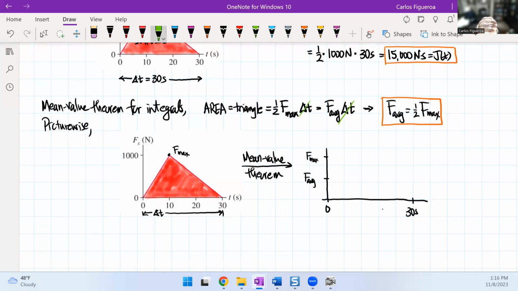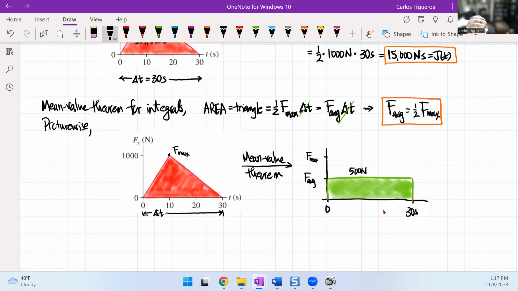So I have a curve that I can draw that looks exactly like this. When I calculate this numerically, we know the value here is 500 newtons.